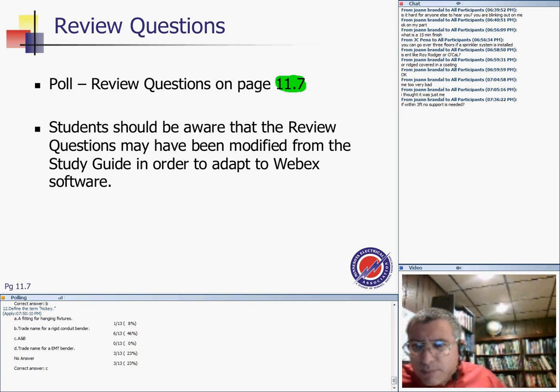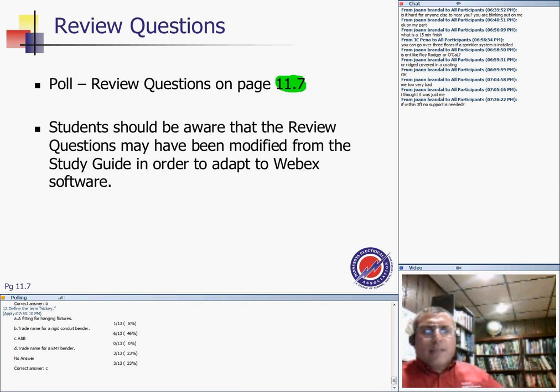Okay, it's the code requirement for bushings for IMC and rigid conduit containing conductors number 6 and smaller. The answer: metal or plastic bushings must be installed on the conduit ends at enclosures to protect the number 6 and smaller conductors. I see where some of you guys answered where you don't need them.